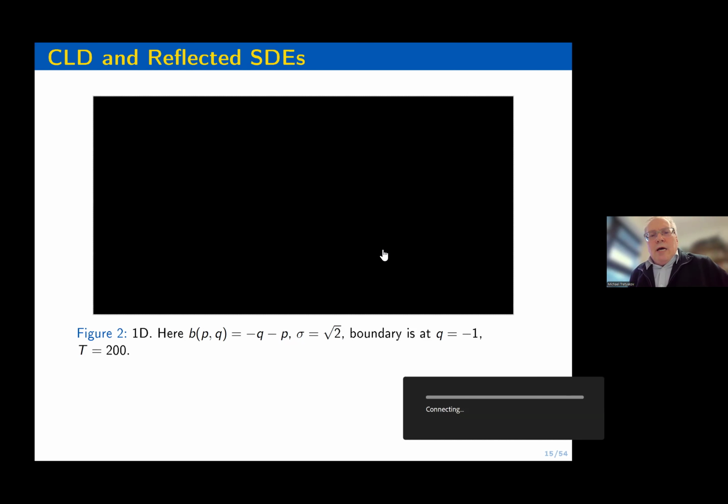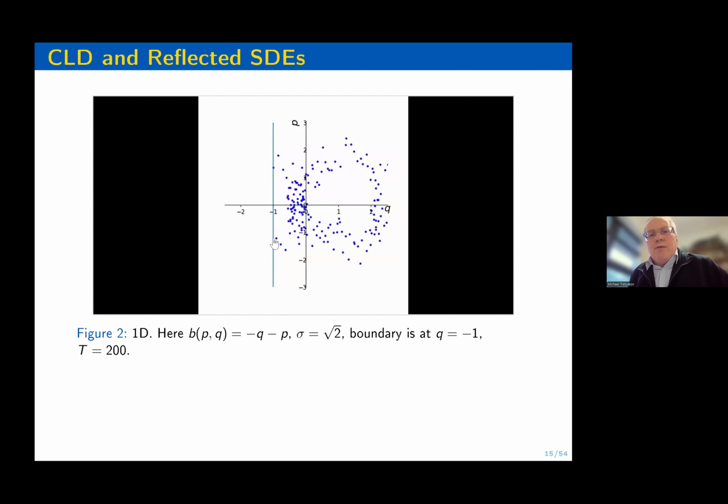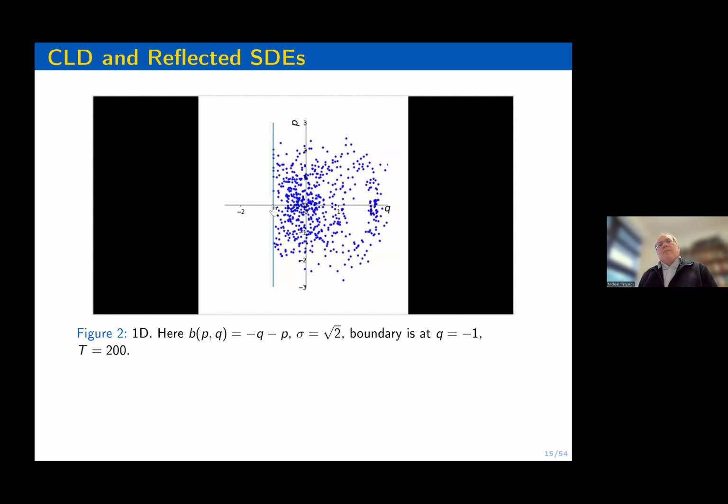When our Q hits the boundary, then the momentum appears at the other side. Here, obviously, because it is one-dimensional, there is no tangential part. So it's the momentum essentially changing sign from minus to plus when collision happens. And as you would expect, the momentum is discontinuous at the time of collision of the particle with the boundary.